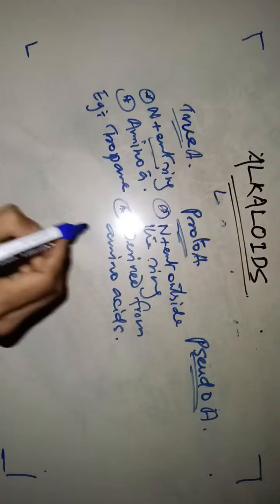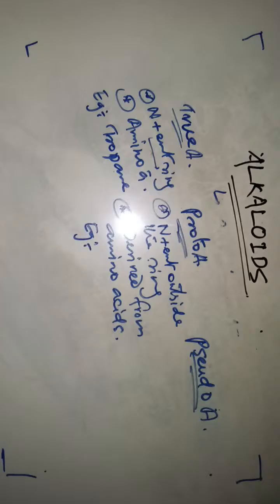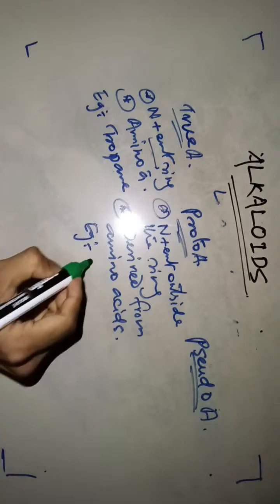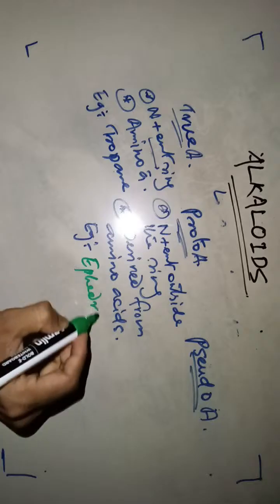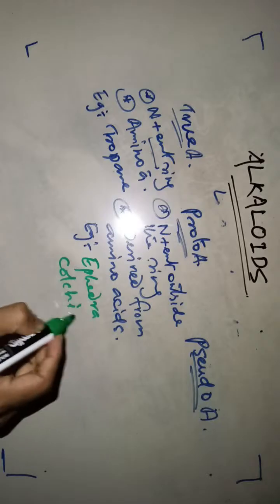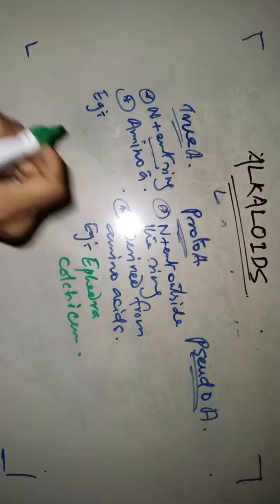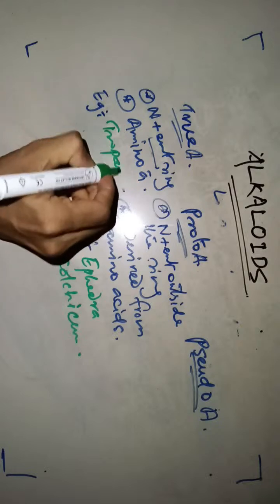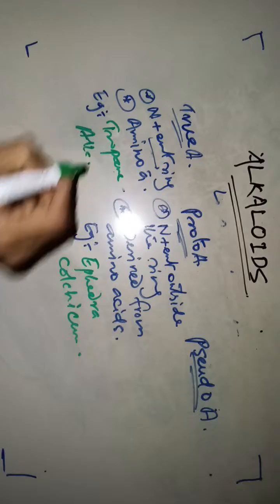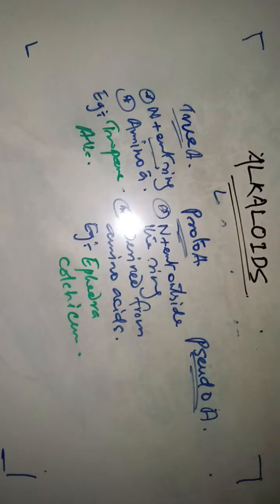You can take ephedra, colchicum and all these. Tropane alkaloid is an example of true alkaloid, and ephedra and colchicum are examples of protoalkaloid.